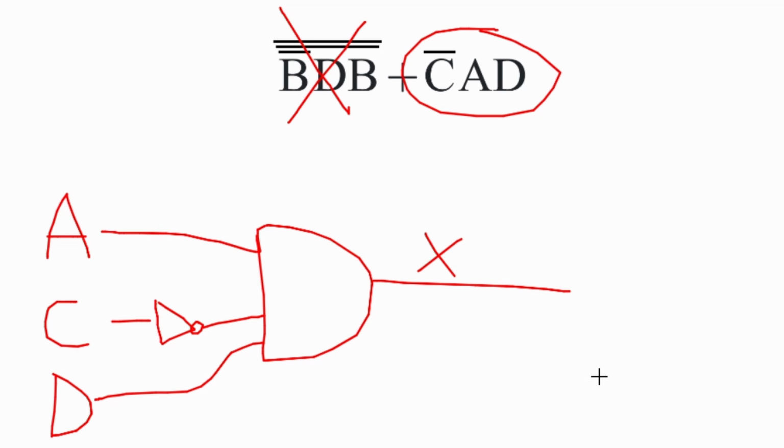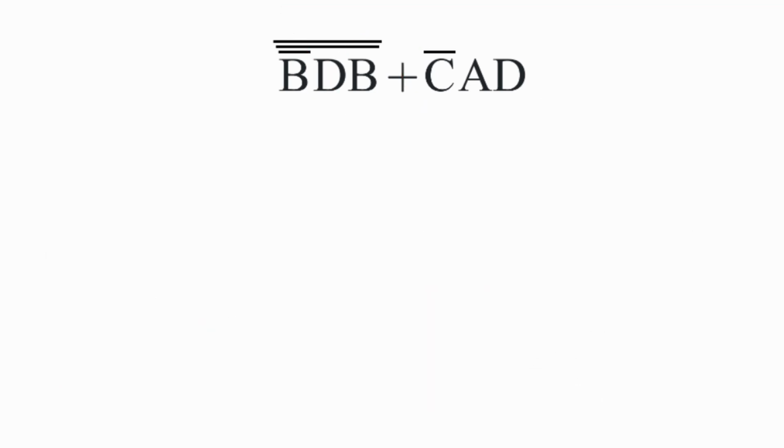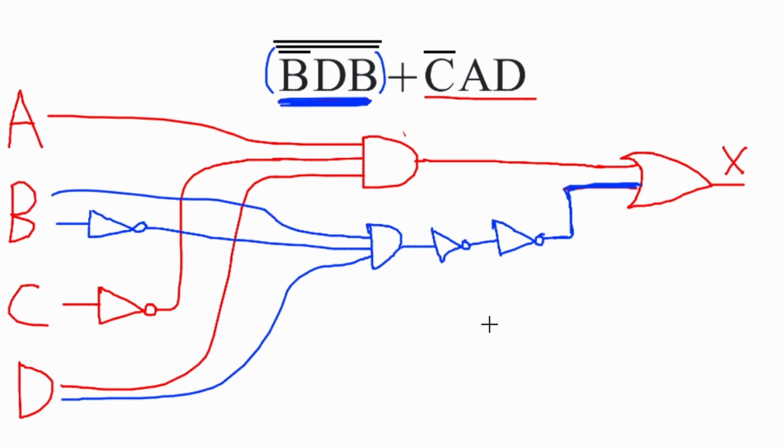So what we're saying is, this circuit that you see right here, consisting of 2 logic gates, is the exact same in terms of functionality as this entire circuit here, which has 1, 2, 3, 4, 5, 6, 7 logic gates.